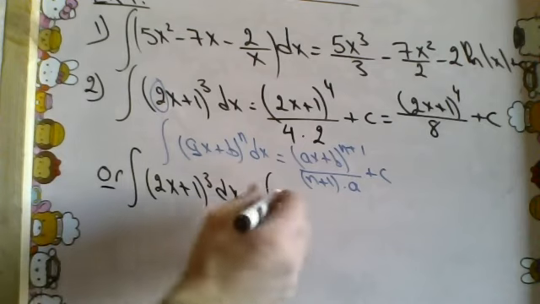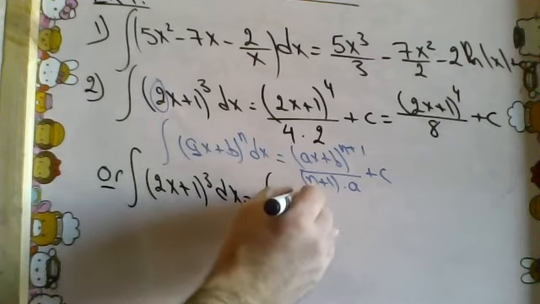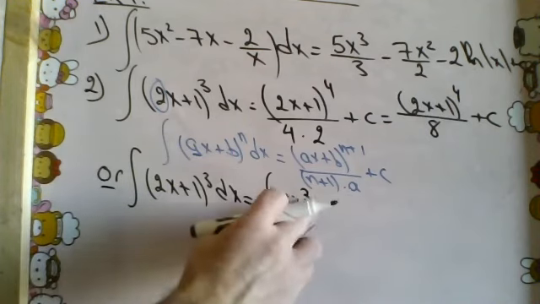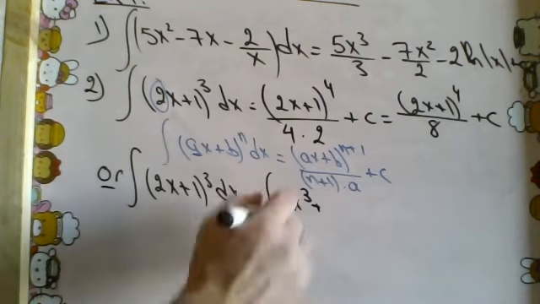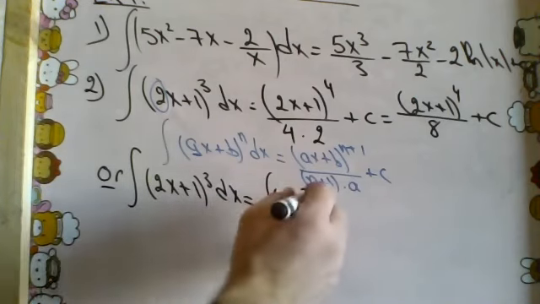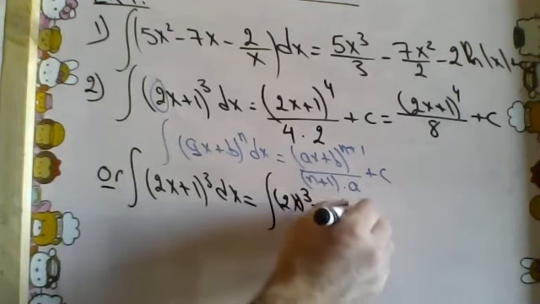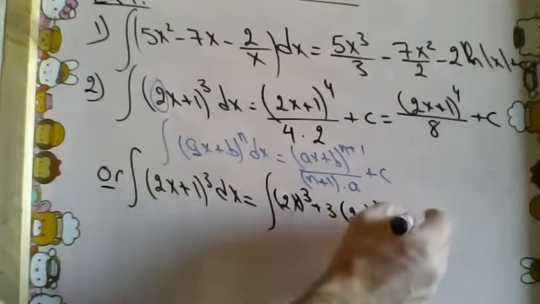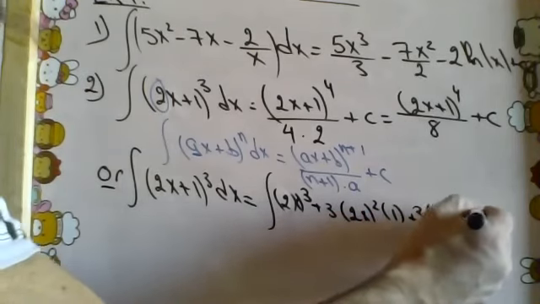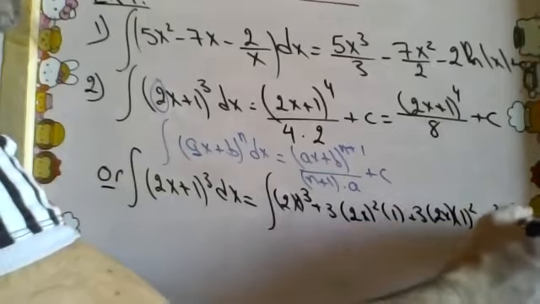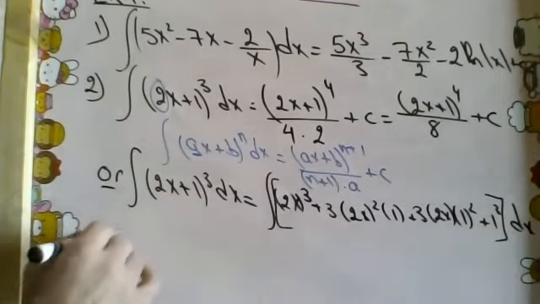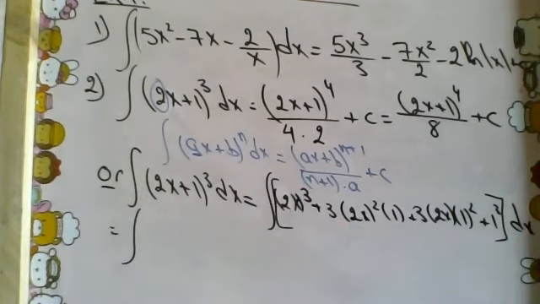So it is 8x to the power 3 plus, I'm going to write it in details, 2x to the power 3 plus 3 into 2x squared times 1 plus 3 into 2x times 1 squared plus 1 power 3 dx, which is equal to integral.